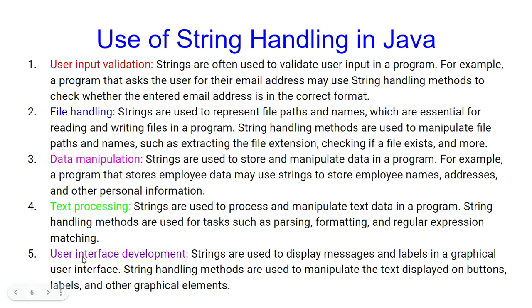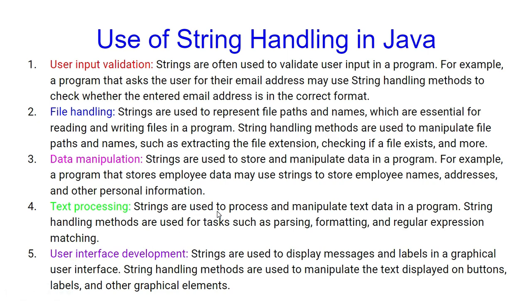Whenever you develop any user interface, for example any website, everywhere you see text, like labels and whatever information you want to put on the website. At that time also you have to use strings only, and that plays a very important role in website development. Okay.